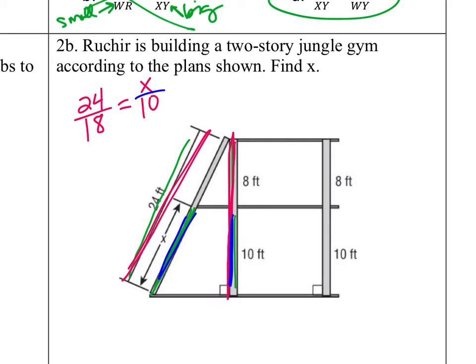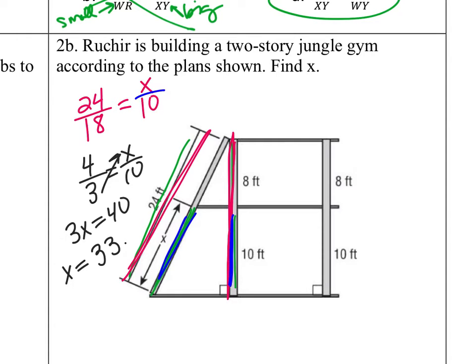Okay, so once you're here, we're going to reduce if you can, to make your life a little bit easier. So 24 over 18 reduces to 4/3. Okay, when we cross multiply, we get 3x equals 40. And then dividing by 3, x will be a total of 13.3.